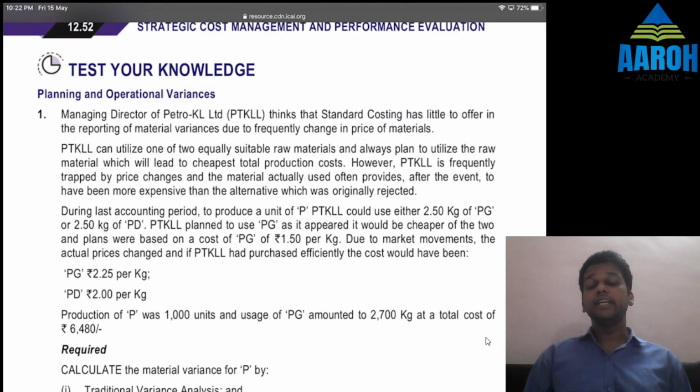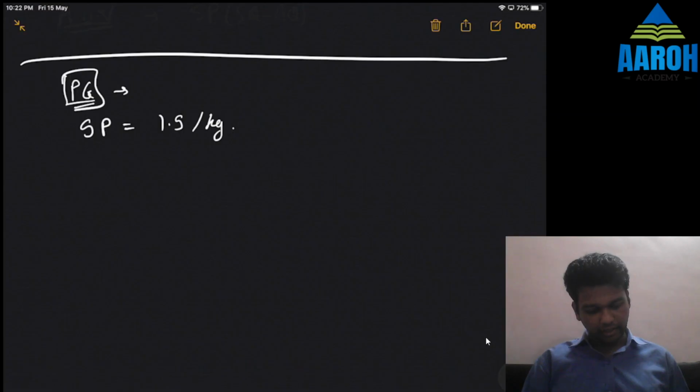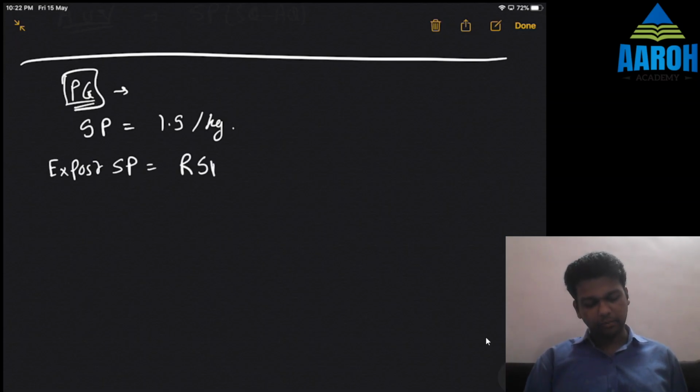No, because they are saying if they had purchased efficiently, that means this is a standard determined at the end of the period. So this is ex post standard. The ex post standard price of PG was 2.25 per kg. In fact, we can also call this revised standard price, so let me call it RSP, which was 2.25 per kg.